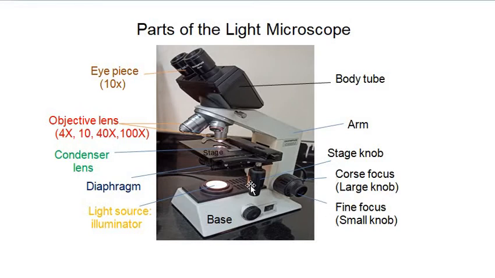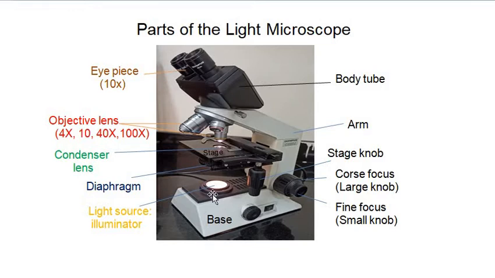The stage knob helps in the movement of specimen slides from left to right and vice versa. And the body tube has the eyepiece of 10x. Generally the eyepiece is 10x.